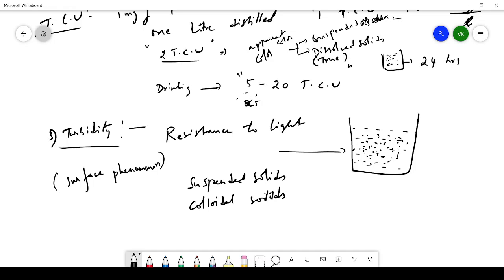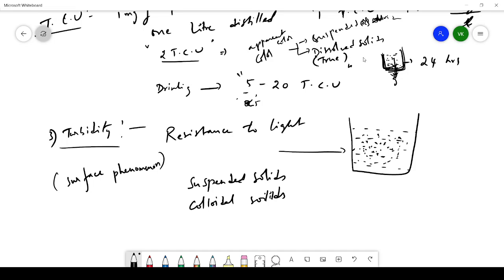Whatever suspended solids are present in the water will be settled or sedimented at the bottom of the beaker or jar due to gravitational forces, right? When you have gravitational pull, obviously the suspended solids will have more specific gravity than water, so those particles will be settled at the bottom. So whatever color was produced by the suspended solids will be eliminated. That's why we call it apparent color.